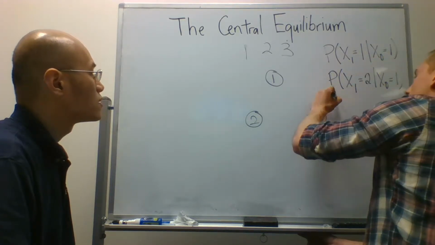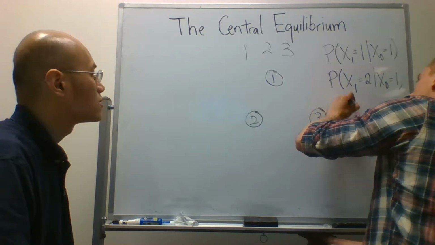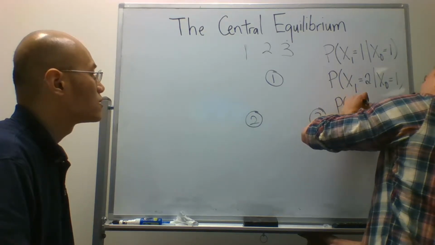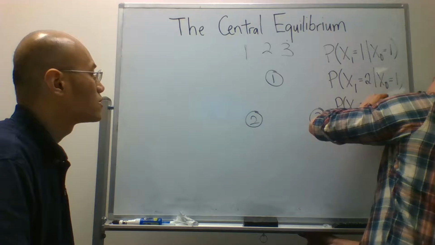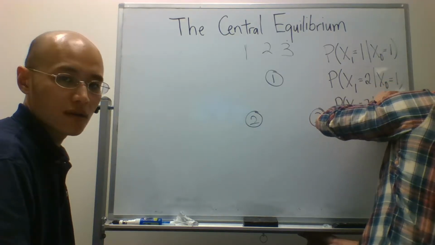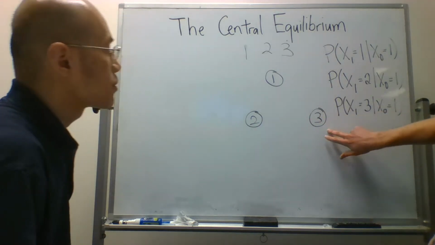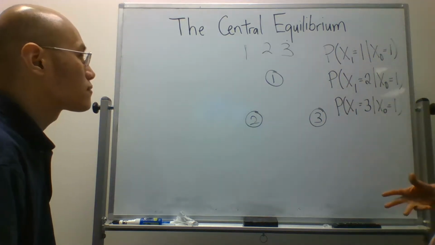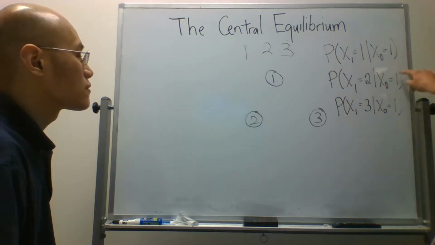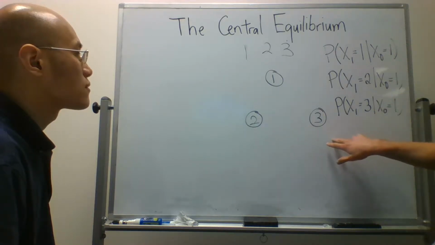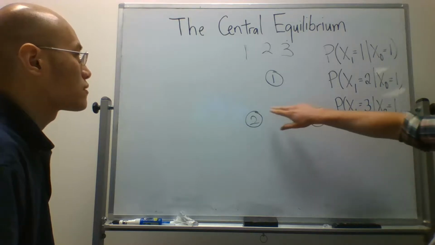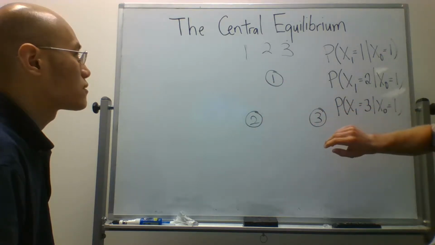You could also go to 2, or you could go to 3. And similarly, for all of the other variables, you have the same sort of set, just with this last condition changed to 2 or 3 for the different states. There's essentially 9 possible connections you could have here.